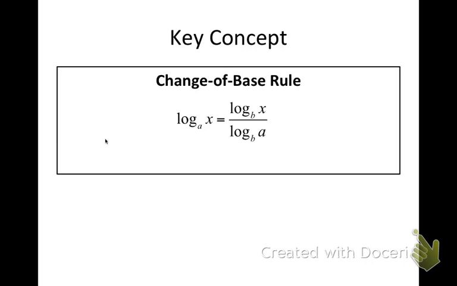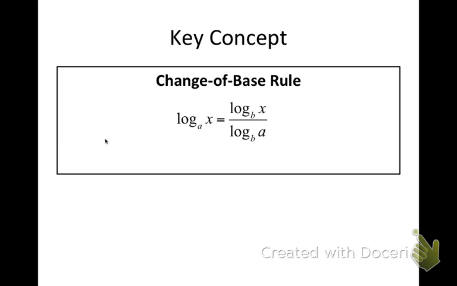All right, so here is your change of base formula. You can use the change of base formula, or rule, whatever you want to call it, to change any logarithm of any base to a quotient of two similar bases.